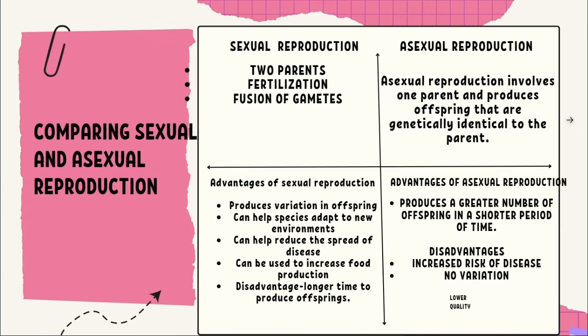So it helps the species to adapt to new environments, helps to reduce the spread of disease, and can be used to increase food production. And the disadvantage to sexual reproduction is that it takes a longer time to produce offspring.